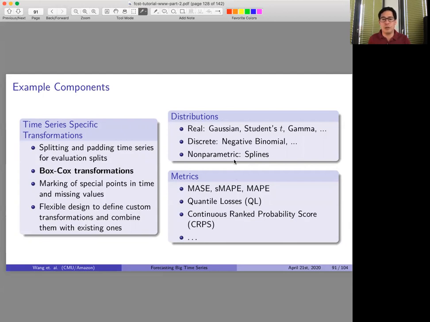We've got lots of distributions for modeling the output, things like the negative binomial distribution, or if you want to go slightly non-parametric, via splines, that's also possible. And then we've got all kinds of time series specific transformations, such as the venerable Box-Cox transformations that you can also deeply embed into your models.